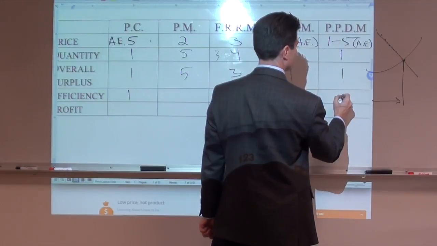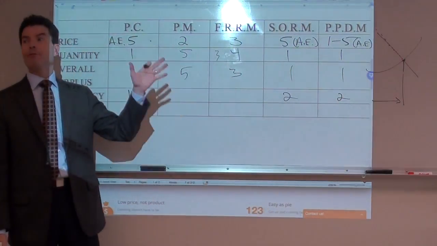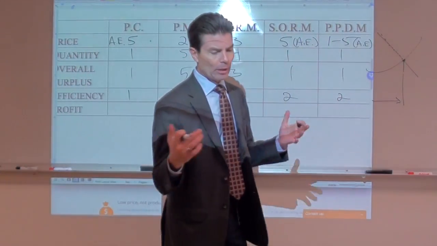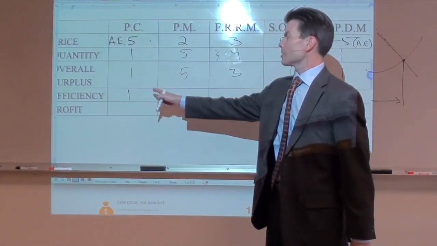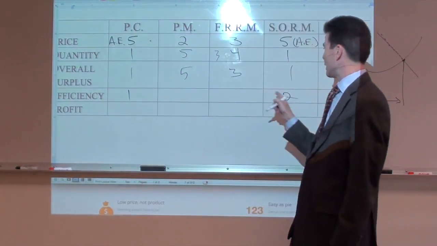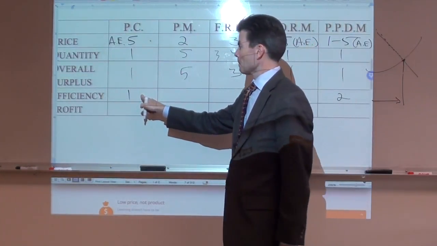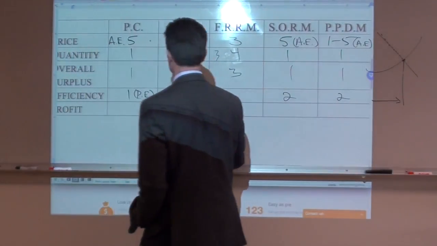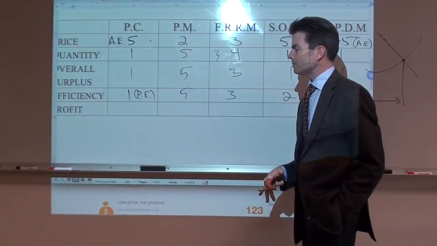And this one could be 2 as well because they're producing the allocative efficient quantity. Since they're producing the allocative efficient quantity, they are efficient, but this is the only one that has a separation between these because it's also productively efficient. So putting PE on here, that's the big separation. This is obviously the least again, and this is going to be in the middle.